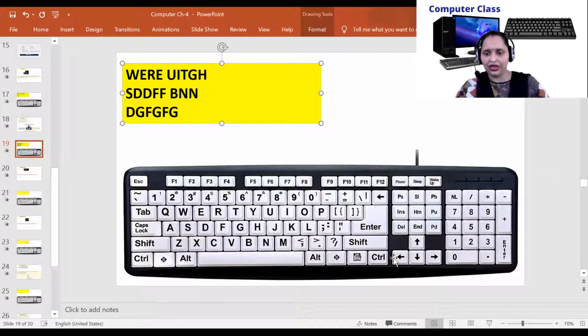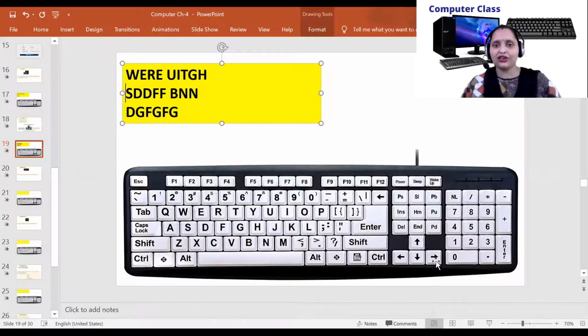Now I will use the left arrow key. See, the cursor is here. Now I am pressing the left arrow key. The cursor is moving towards the left side. Whenever I press the left arrow key, the cursor will move towards its left side. Now which key is left?